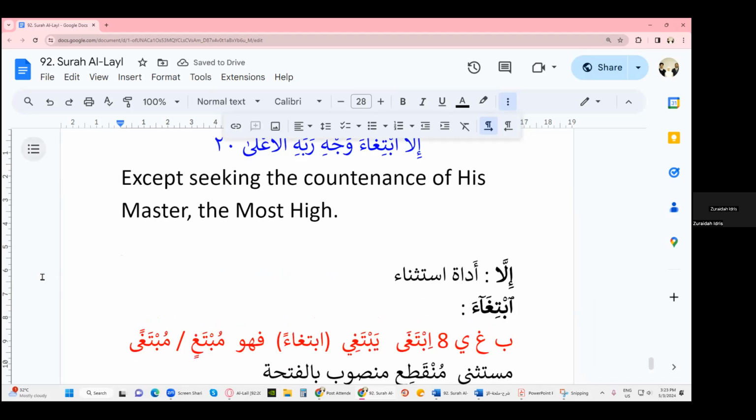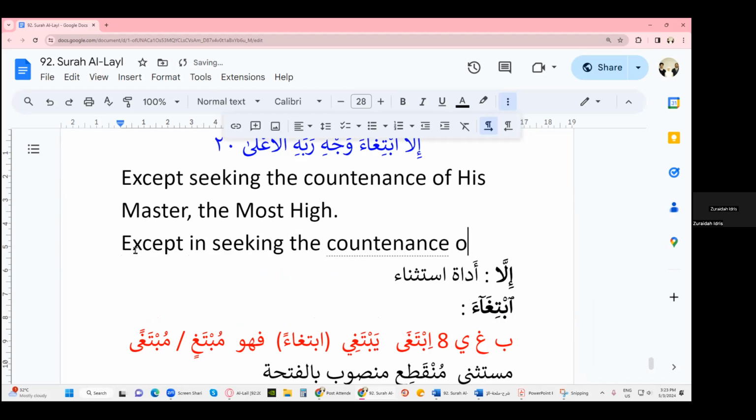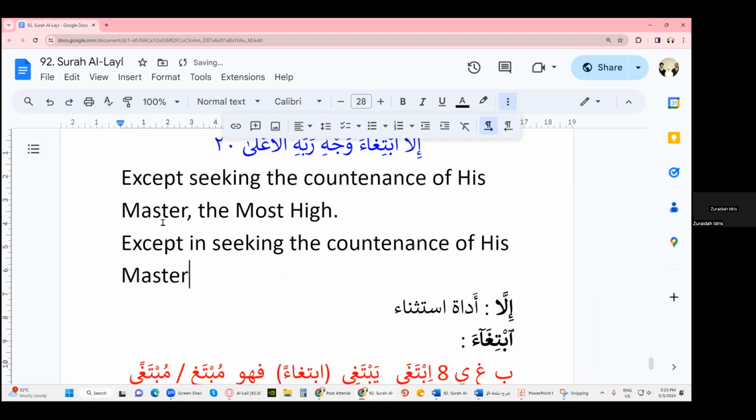So if I give you this translation: except in seeking the countenance or approval of his master. And remember, we were saying that he's not seeking any reward, right?